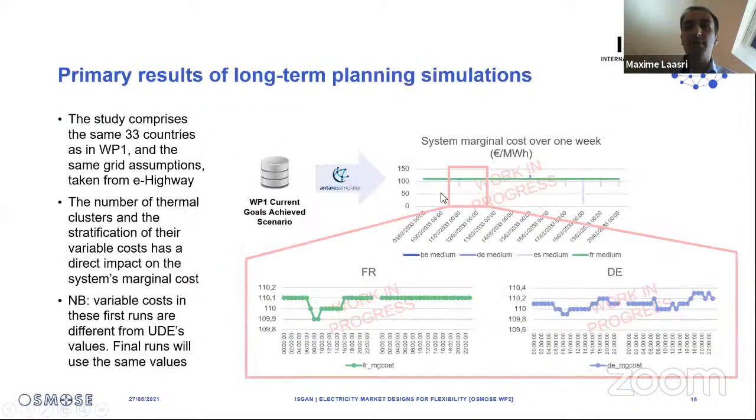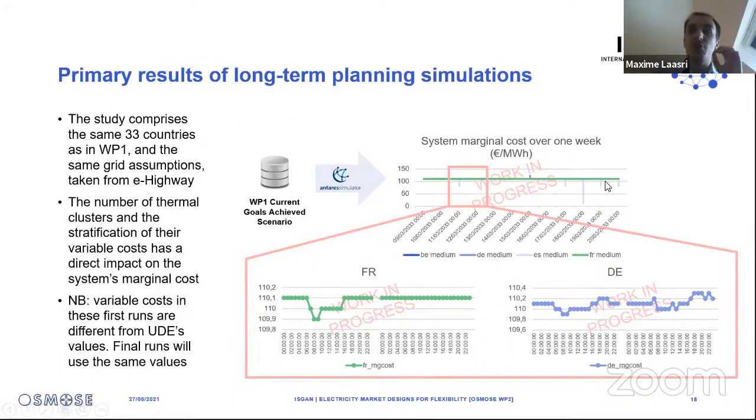Now, if we get a bit more concrete, with figures regarding the results of the simulations we had with the scenario for work package 1, if we run it through the Ontario simulator, the first thing we observe is that, because work package 1 is focused on very investment-oriented tasks, they use an investment tool for building up the generation fleet in Europe, and therefore we have a bit less stratification in the thermal units, and we sometimes end up having some flat system costs as a long-term vision.